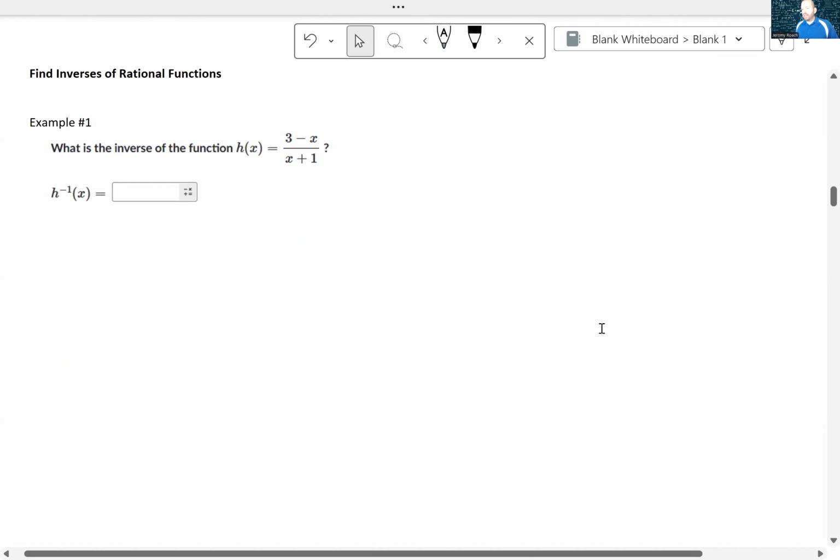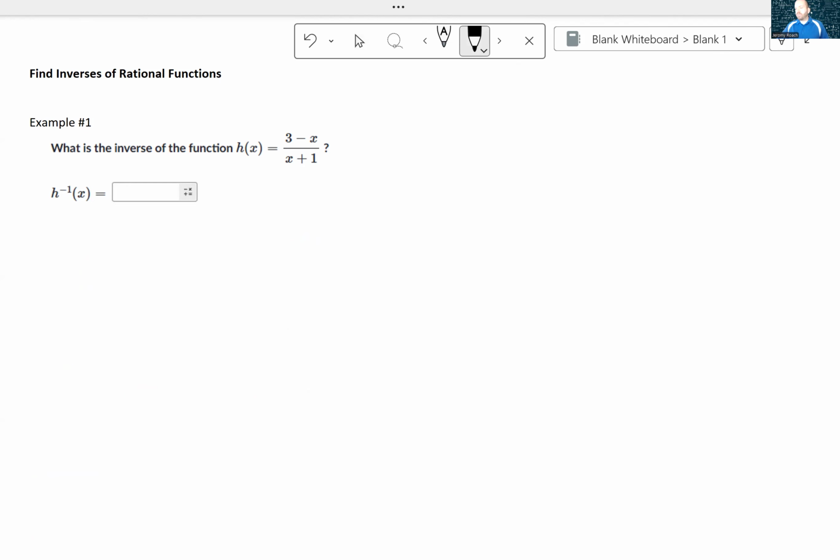So if you switch the y and the x values, if we treat h of x as y, so if we just say h of x is equal to y, we can rewrite this as y equals all of this over here on the right side. Now I'm just going to write x equals all of this, 3 minus y. So we're switching x's and y's.